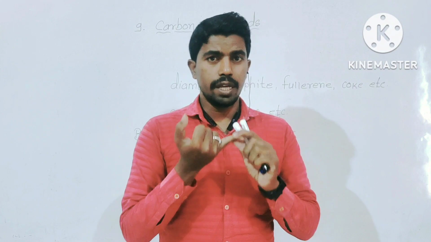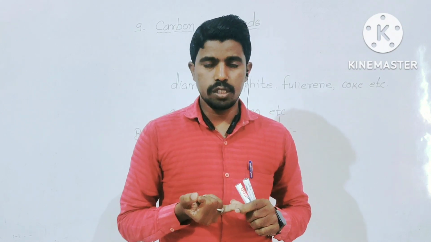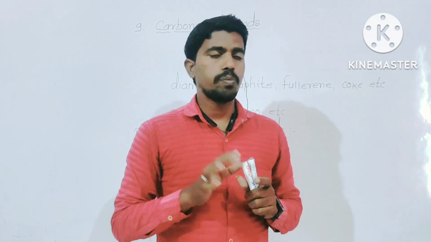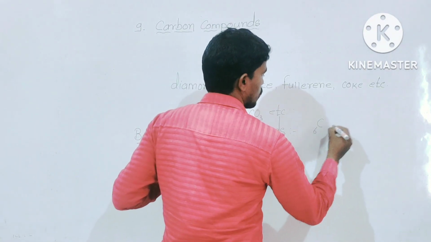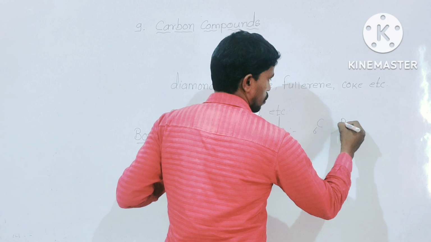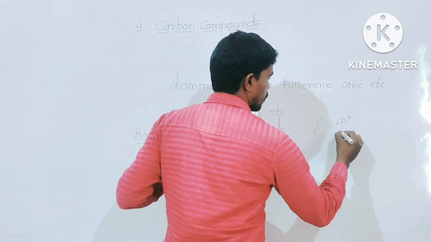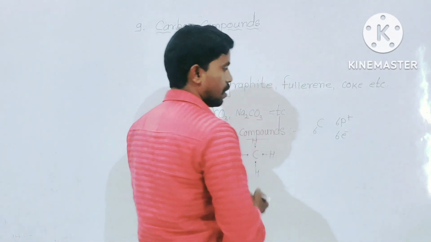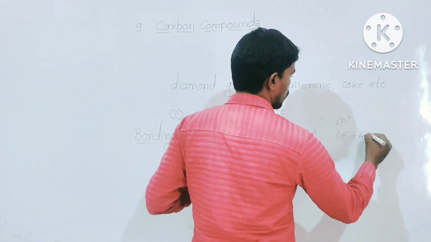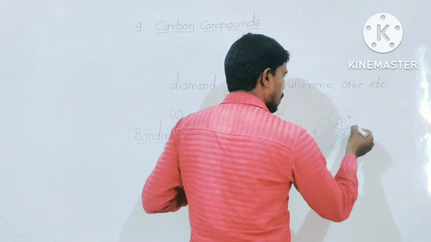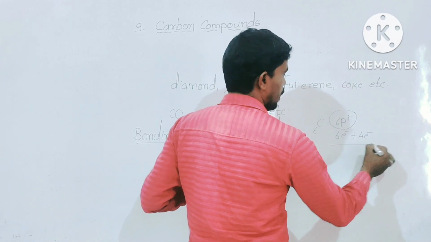Carbon can neither take 4 more electrons because carbon has only 6 protons and 6 electrons. If it takes 4 more electrons to complete its octet, 6 protons cannot hold on to 10 electrons.